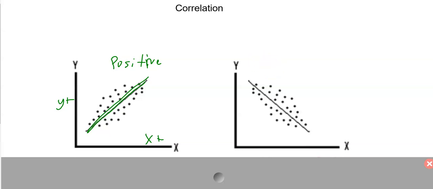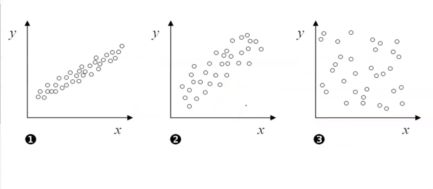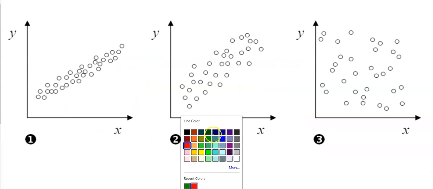This one seems, in contrast, to have more of a negative correlation, because the slope of that line is negative. As x increases, the y value is actually getting smaller. So y is decreasing, or vice versa. So that's negative and positive correlation.